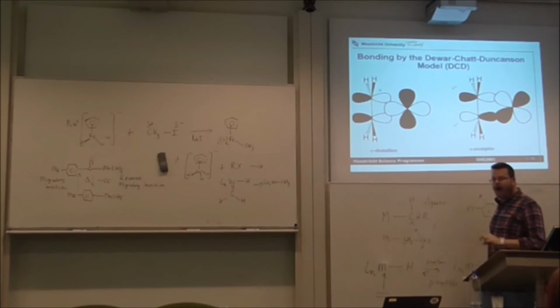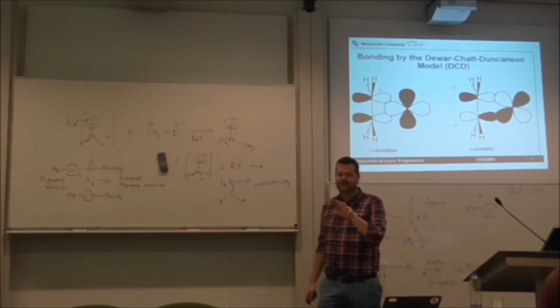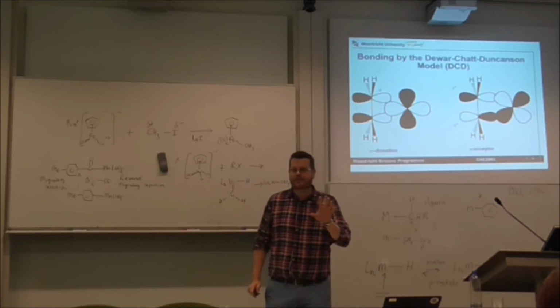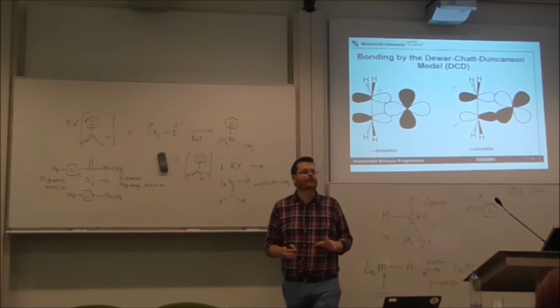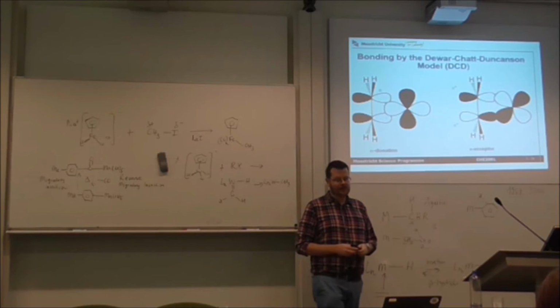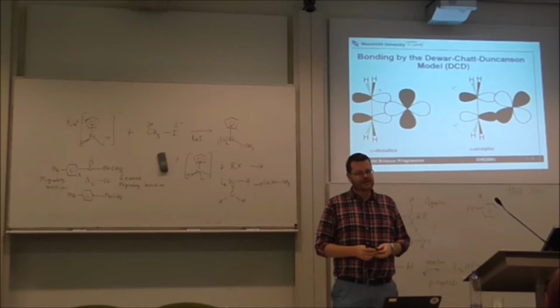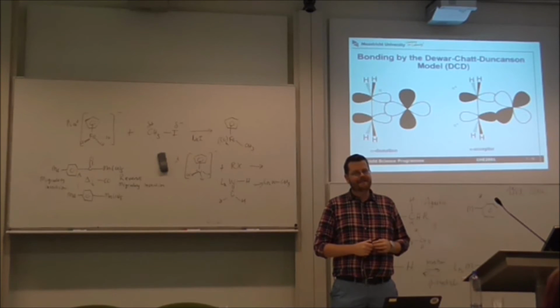Now, what are the consequences of that for the carbon-carbon bond? Look at that, and tell me what would happen. Julia, will the carbon-carbon bond get longer or shorter? Yes. Why?